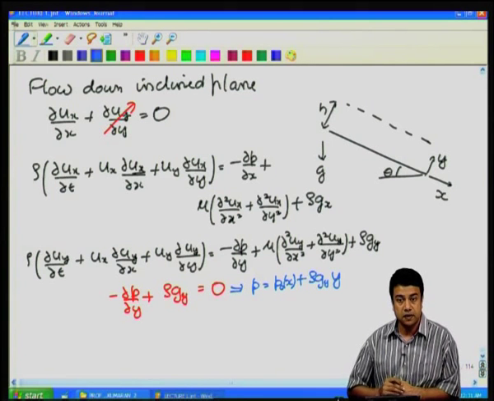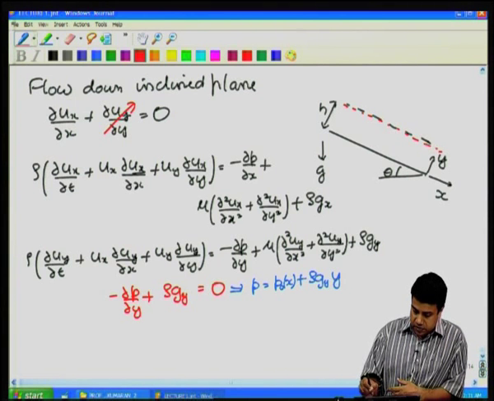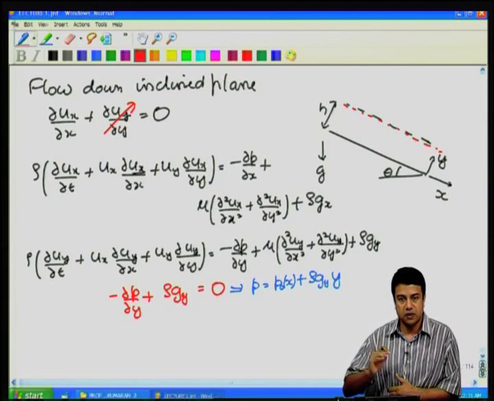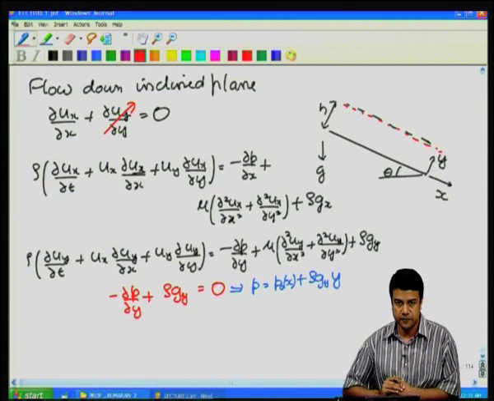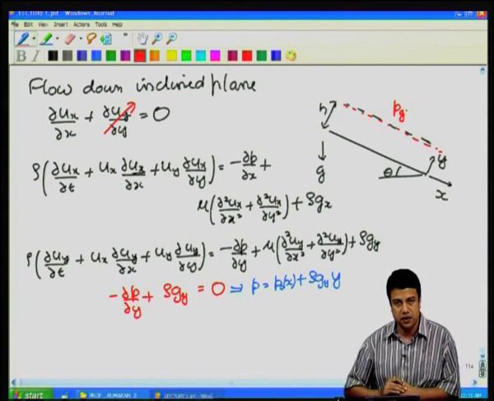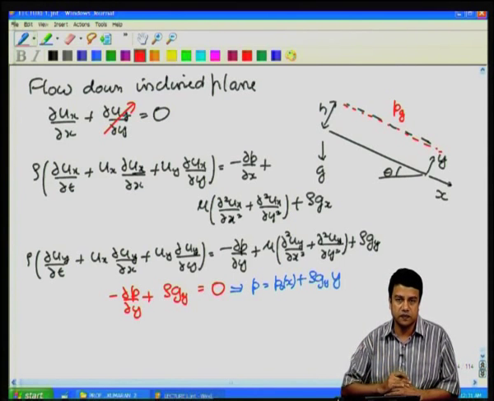We know that at the top interface, this liquid is in contact with a gas, and therefore the pressure at that top interface has to be equal to the pressure in the gas, because this is a free moving interface of fluid flowing down an inclined plane, which is in contact with the atmosphere.